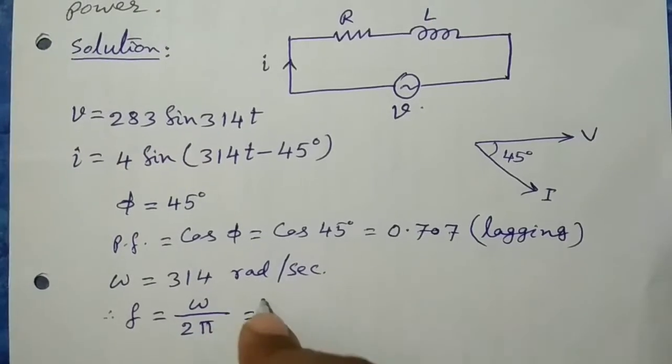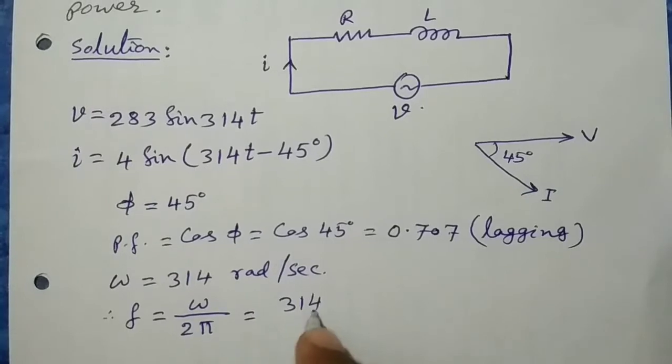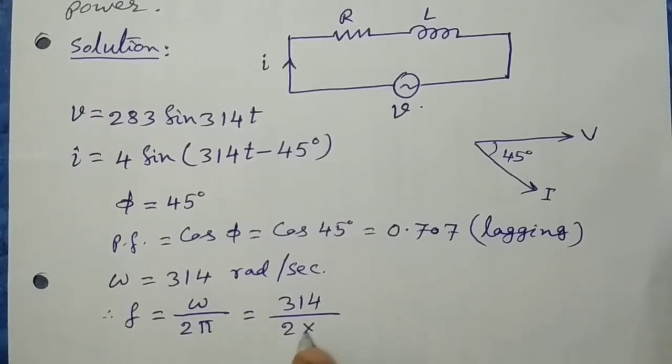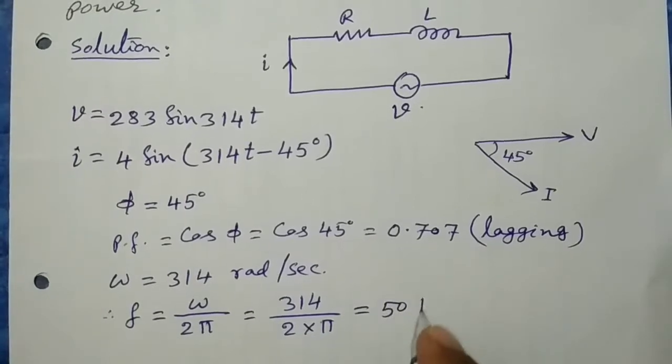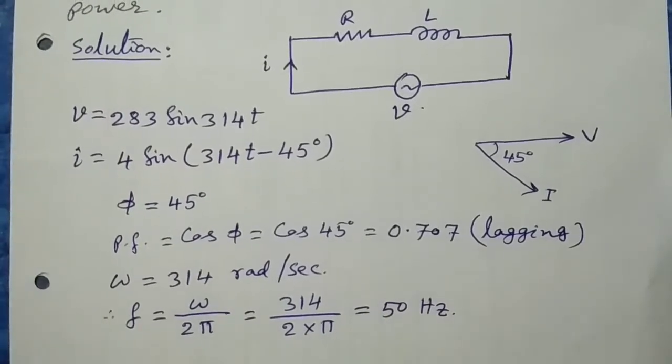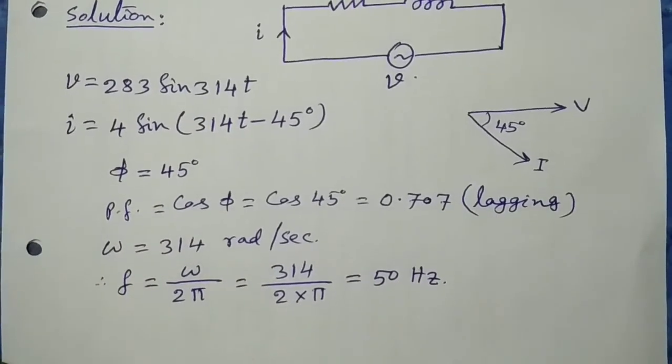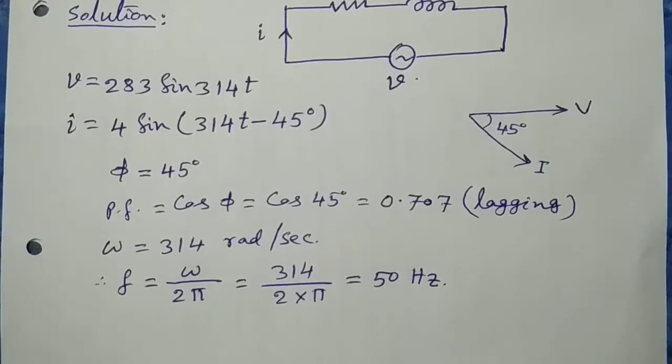So the frequency is 314 upon 2 into pi, and the value will be 50 Hertz. That is the frequency of the supply voltage.